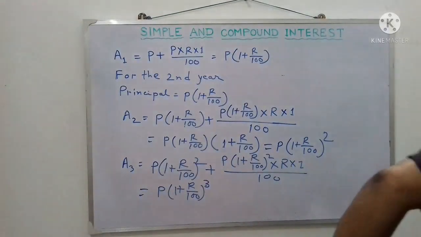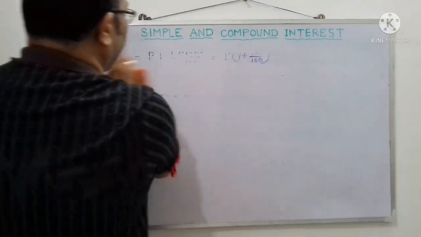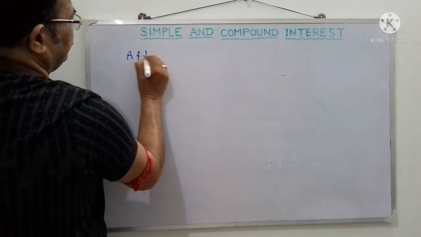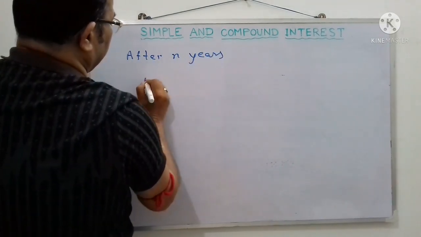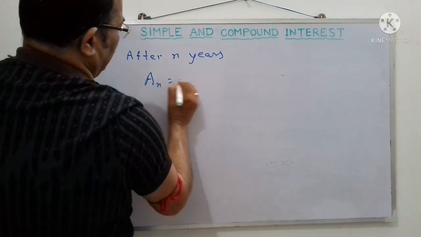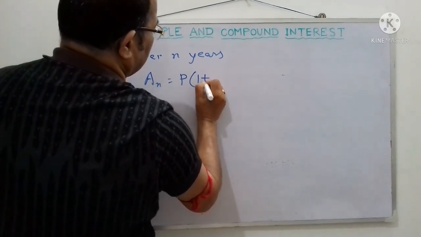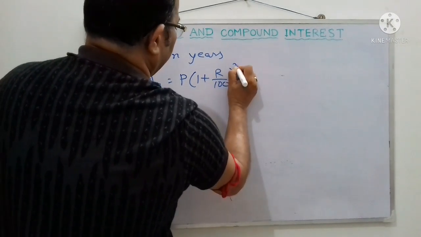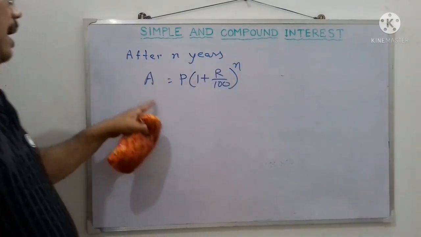and accordingly after n years the amount will be P into 1 plus R by 100 whole to the power n. So this is the actual amount.